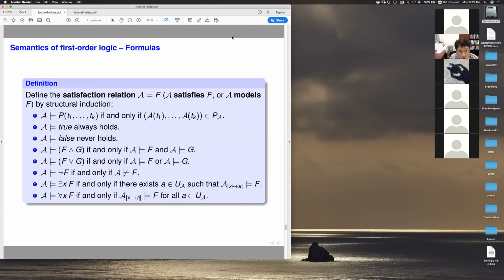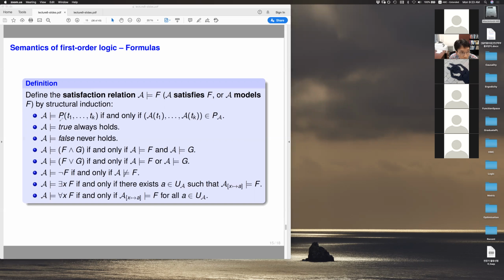But this inductive definition is exactly what you expect. The base case is either true, false, or we have a predicate symbol P applied to terms t1 up to tk. In that case, we either use what our structure says, or we just take some basic definition.